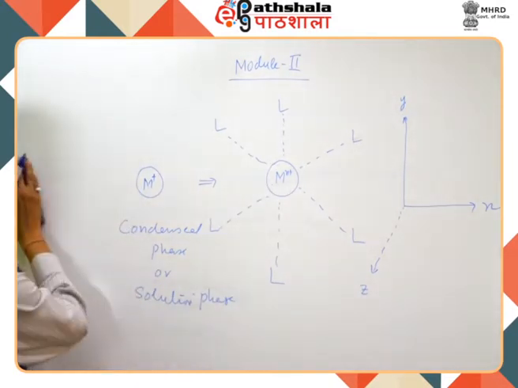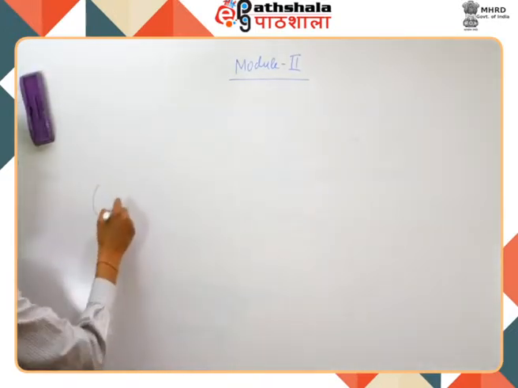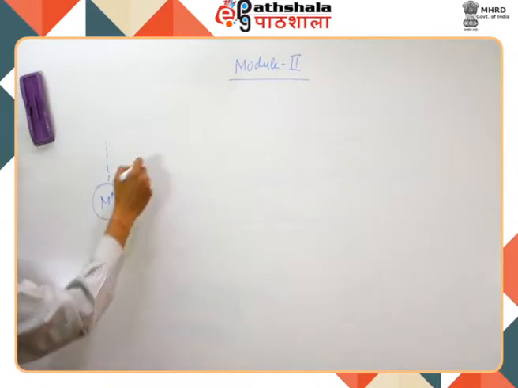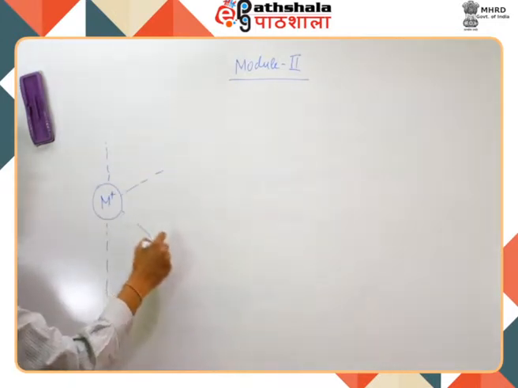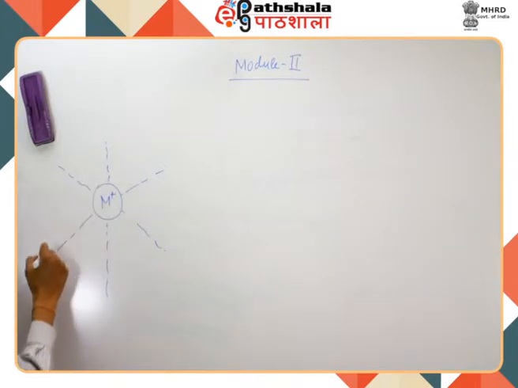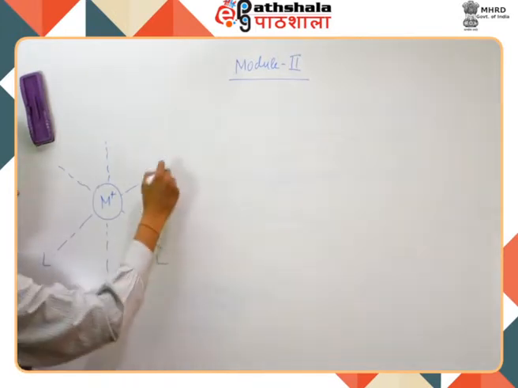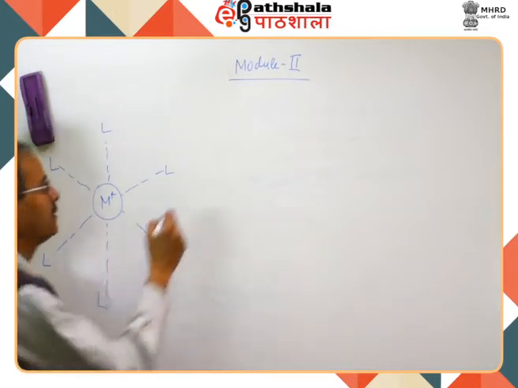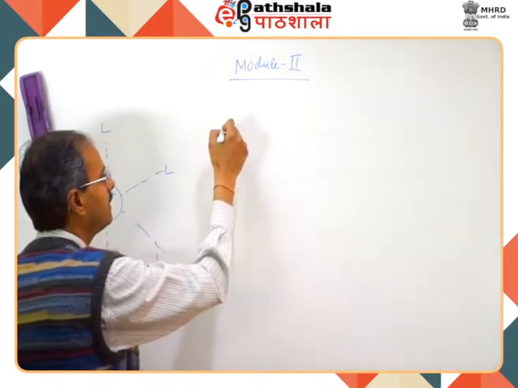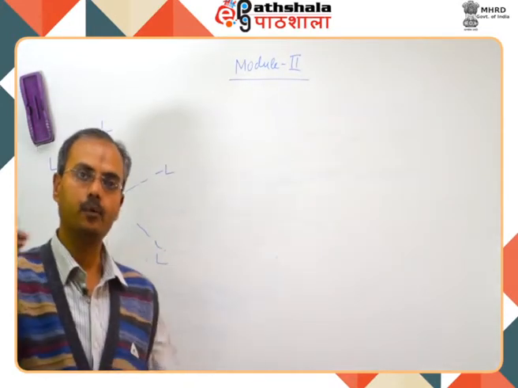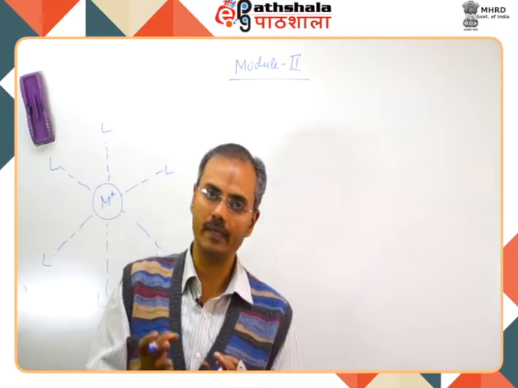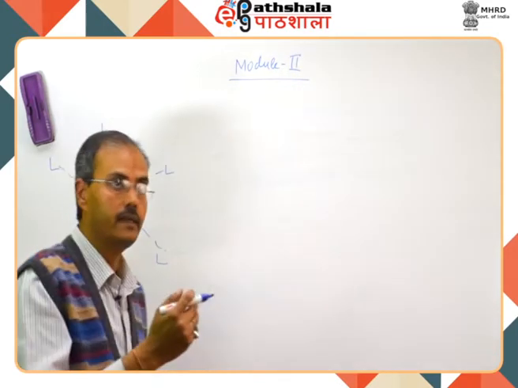Now we will try to look into this concept more clearly. Say a metal ion which is being approached by different ligands L. Now there are several possibilities. When these ligands L approach the metal ion, they can create an octahedral ligand field around the metal ion. What is the octahedron?